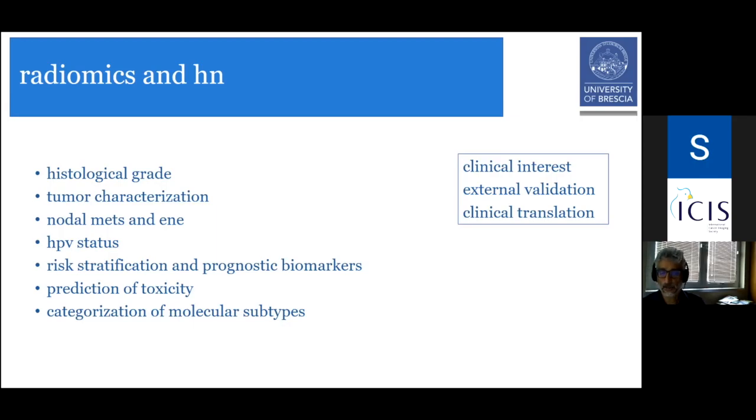There is a number of papers, so I think that the best way to evaluate and critically read these papers is to pass them through a filter that is made of the clinical interest of the topic that has been studied, the presence of an external validation, and as a consequence of this, the possibility to have a clinical translation for the data that have been found in a research environment. So I will try to discuss some of the evidences of the literature.